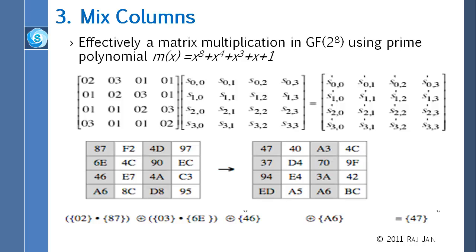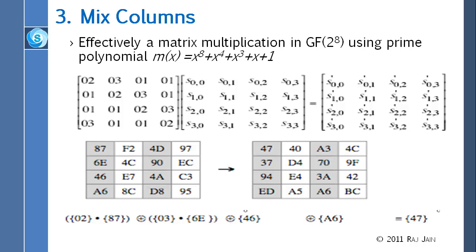All right. So let's just do one example. So this is the matrix for the current state, and this is what we are going to multiply with. So we multiply this with that. So we take the first row and first column.